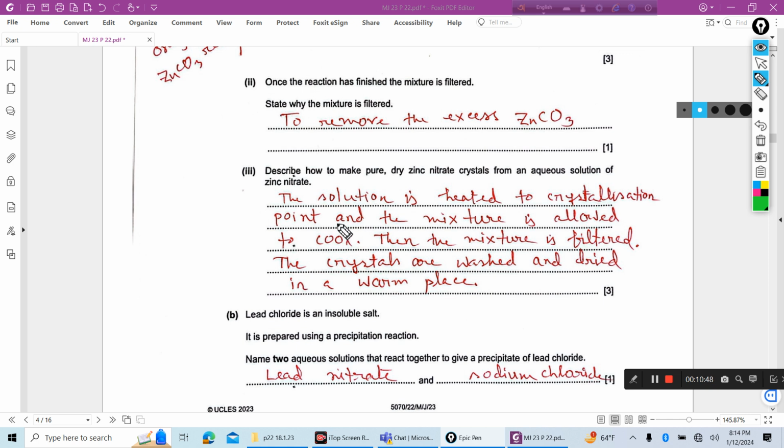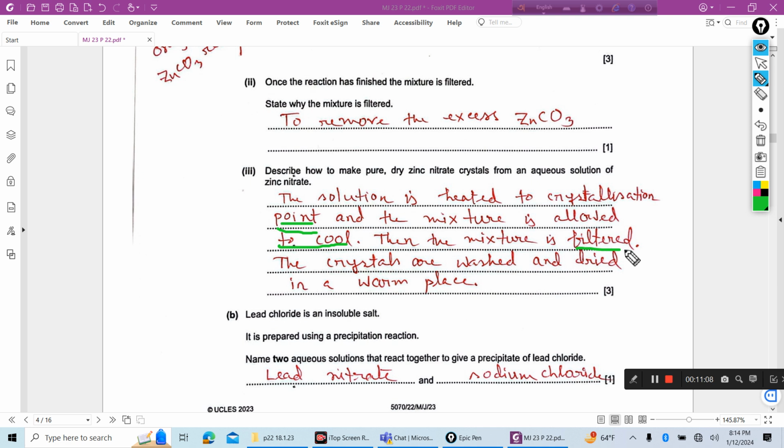So the solution is heated to the crystallization point. Crystallization point is the point when crystals start to form. So the solution is heated to the crystallization point and the mixture is allowed to cool. The mixture is left to cool.